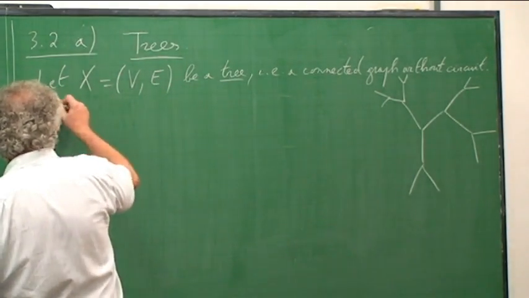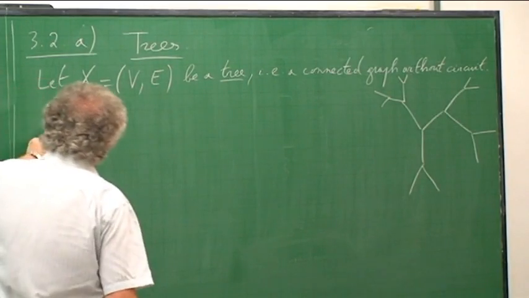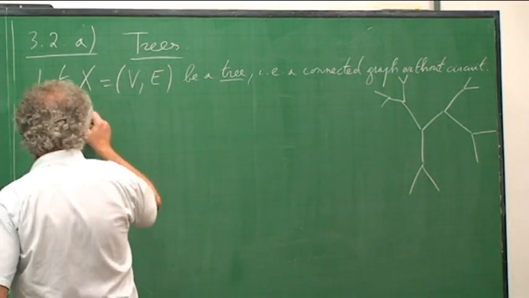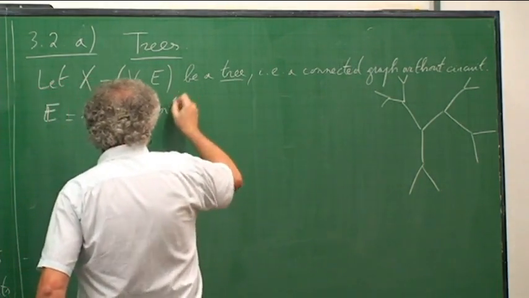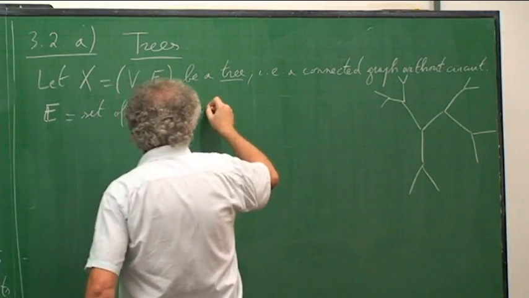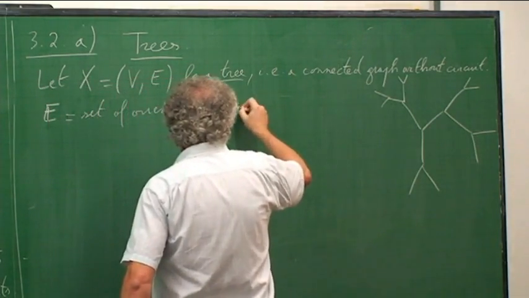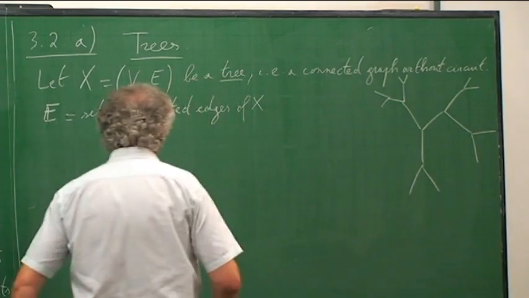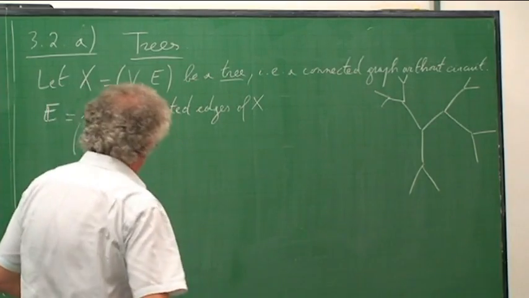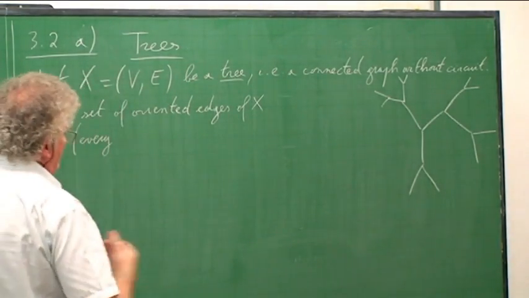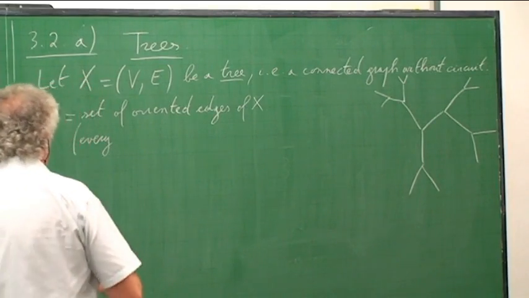And for this, let me denote by E special the set of oriented edges of X. So by this I mean, in a sense it is two copies of the set of edges.